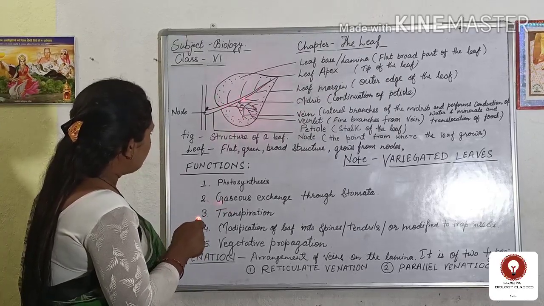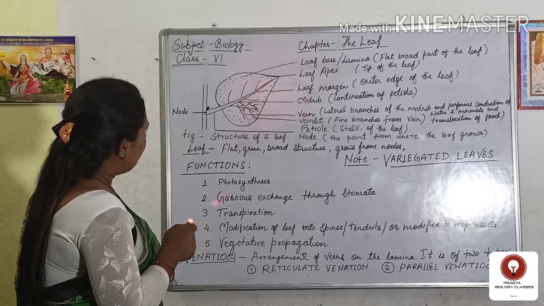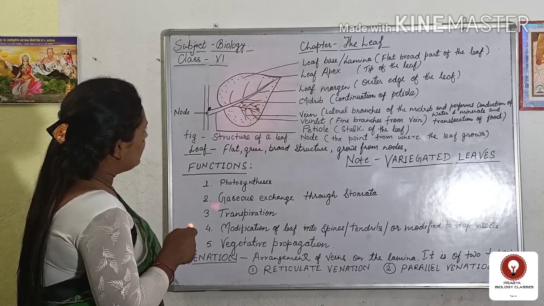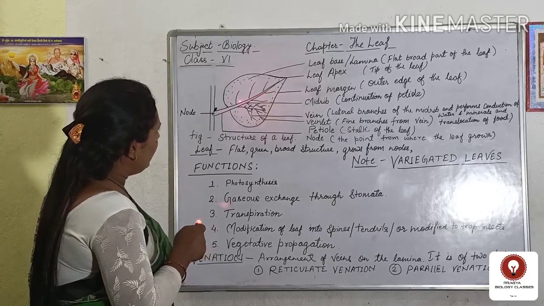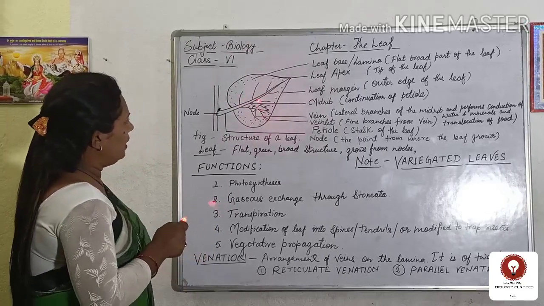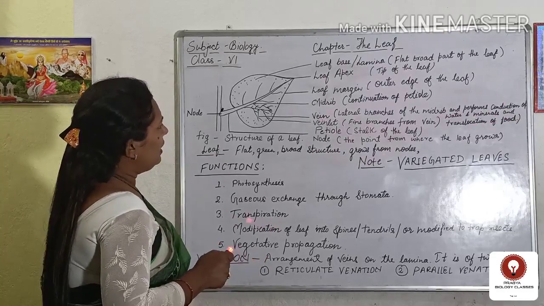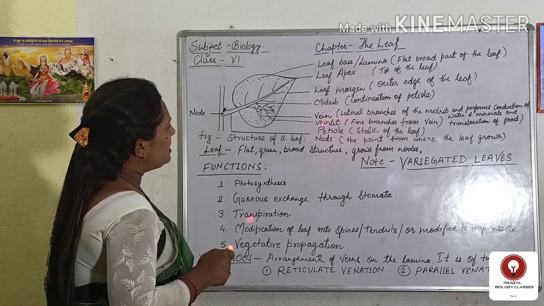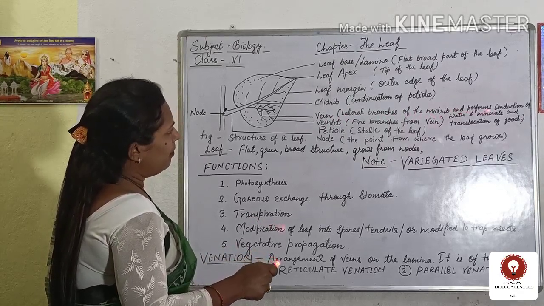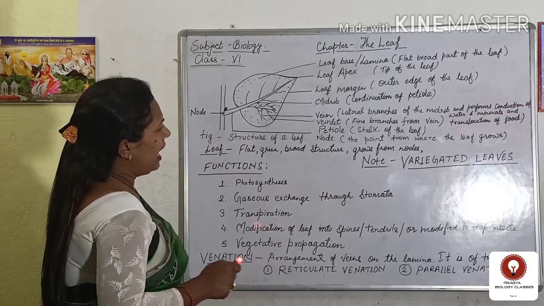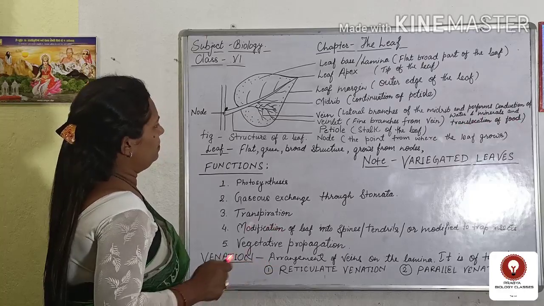On this leaf, the main vein is further divided into side veins, and these side veins are known as veinlets. The function of the main vein is to conduct water, minerals, and food also. So we can say that the veins are the lateral branches of the midrib and perform the conduction of water and minerals, and also perform translocation of food.